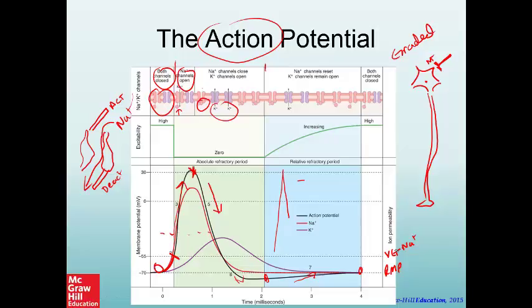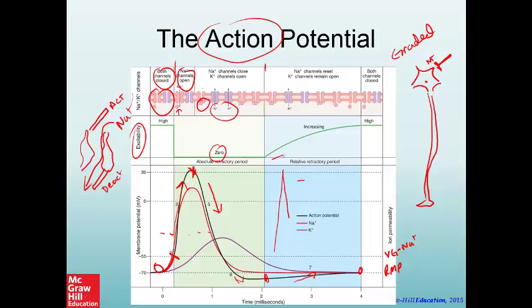During the relative refractory period, you need a higher than normal stimulus to generate an action potential, but you can generate an action potential. You can see this graph here that talks about excitability, shows you that there's zero excitability during the absolute refractory period, so you cannot generate an action potential.